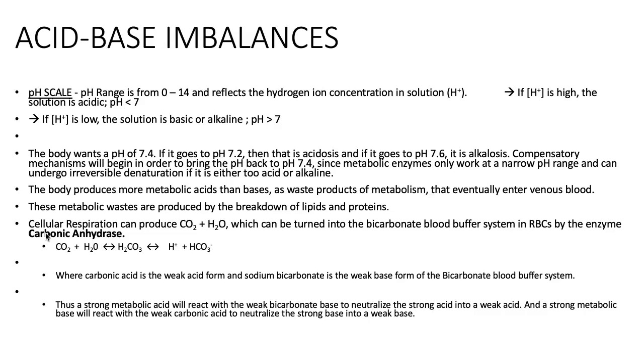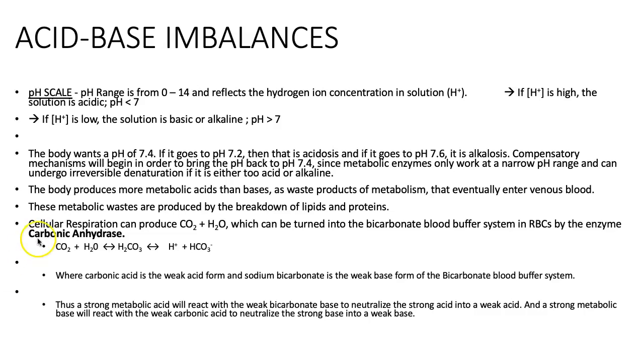So if you go into full-blown acidosis or full-blown alkalosis, and you systemically denature all of your metabolic enzymes in all of your cells, needless to say, death ensues. So you need to make a buffer, because when we eat fat and when we eat protein, we make acidic waste products that get dumped into venous blood that definitely would put you out of the 7 range. So things like lactic acid and uric acid and pyruvic acid and amino acids and fatty acids. So you need a buffer.